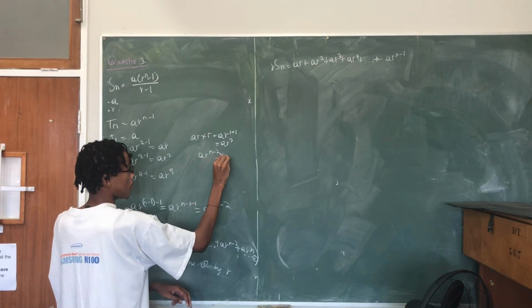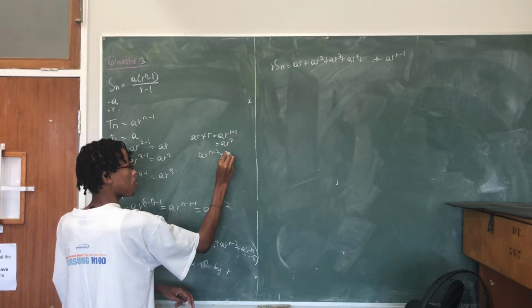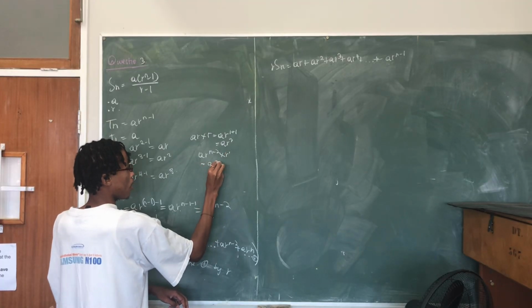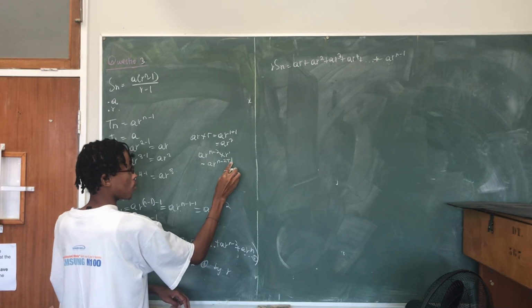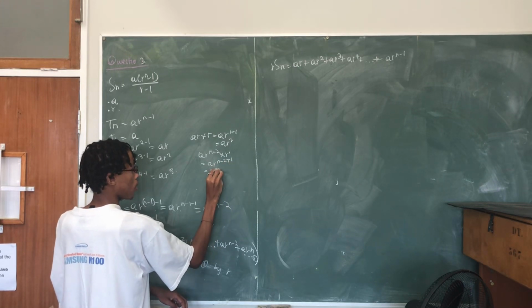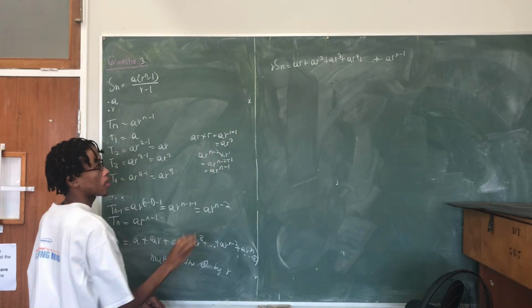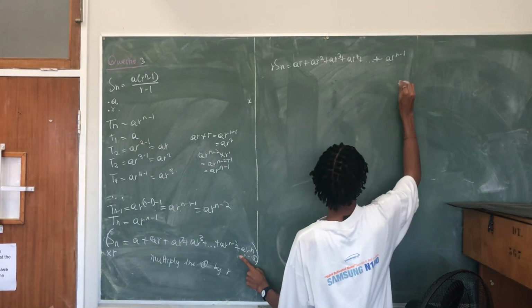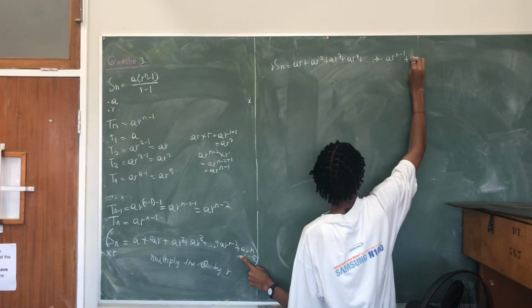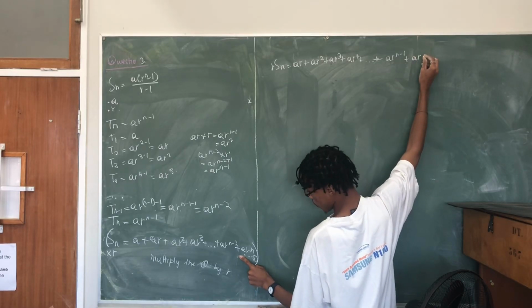If we multiply by r, which has a positive 1, it's going to be n minus 2 plus 1, negative 2 plus 1, a r to the power n minus 1. That's why I have minus 1.